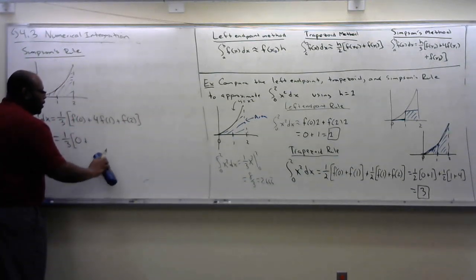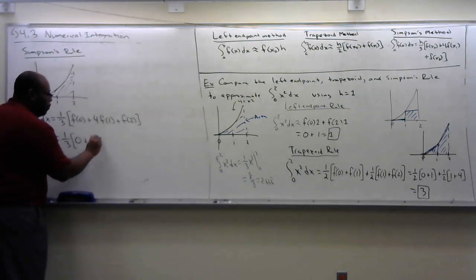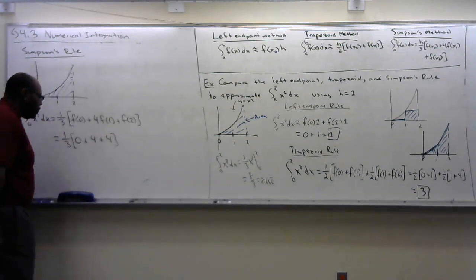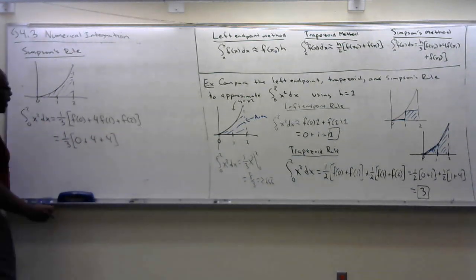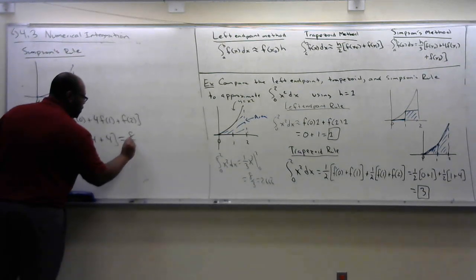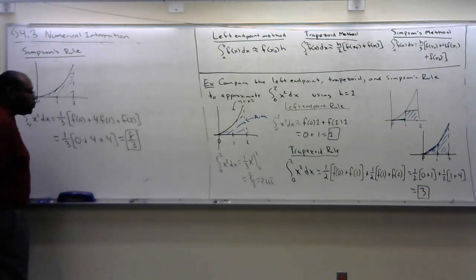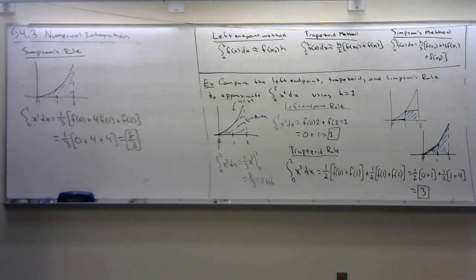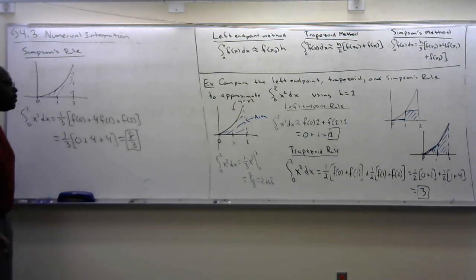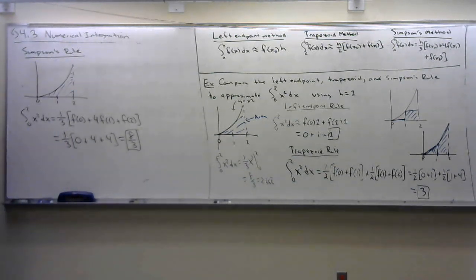So 4 times 1 is 4, plus 4 here, and that gives me 8/3, which is exactly what I want to see. And so I get the exact area. My actual value was 2.666 or 8/3. Simpson's rule gave it to me exactly because, of course, we're approximating x squared with a quadratic polynomial, so of course that's going to work out.